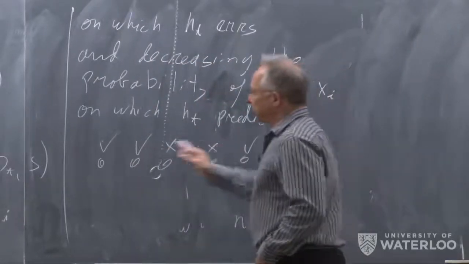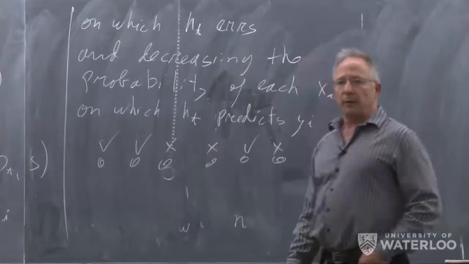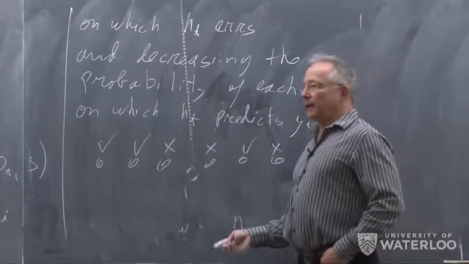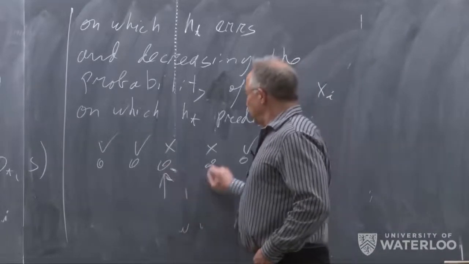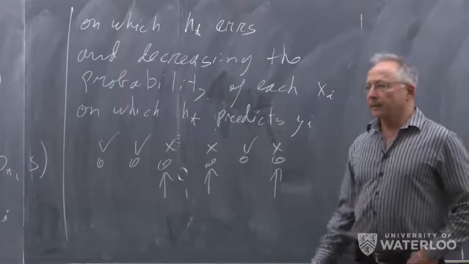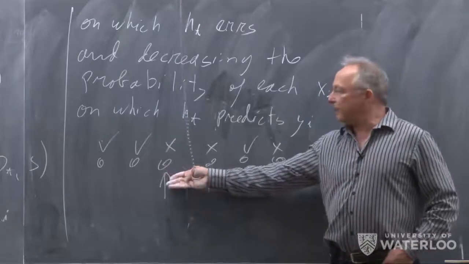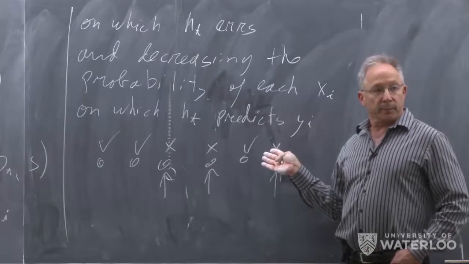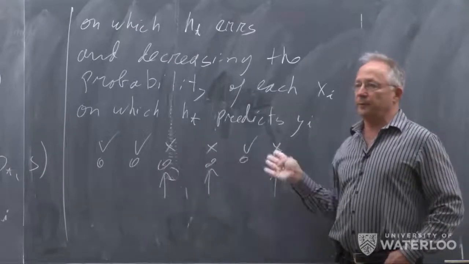That was the result of applying h1. Now when I'm going to apply the weak teacher again, what I will tell it is to focus on the points on which the previous one made an error. So you are increasing the weight of these points.